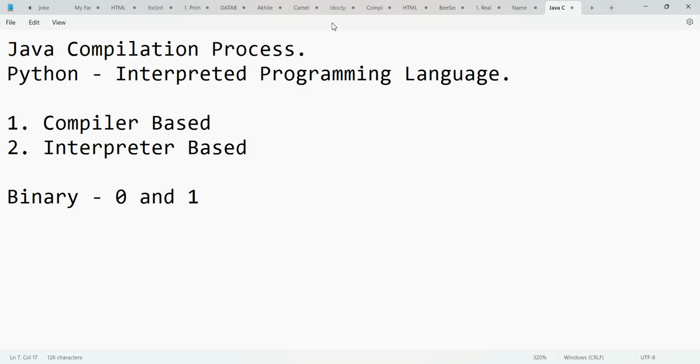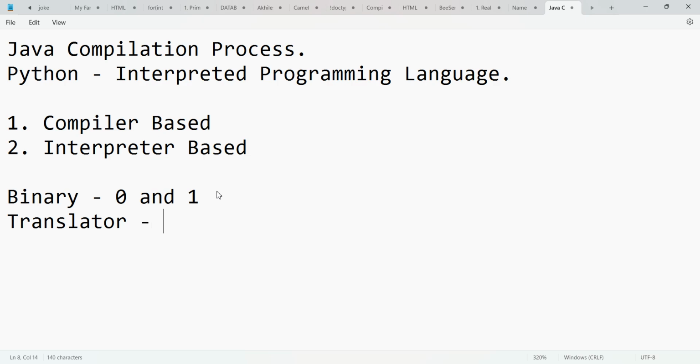No matter what programming language you are studying right now, the computer will not understand its language. Even though you may understand, the computer is not going to understand. Ultimately we have to tell it in the form of 0 and 1. That means there is a need of what? A translator.